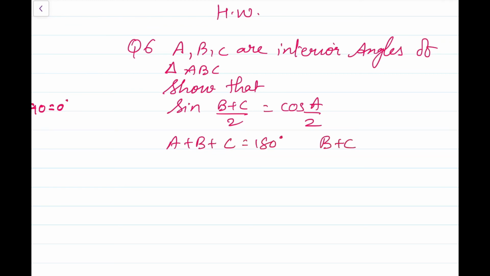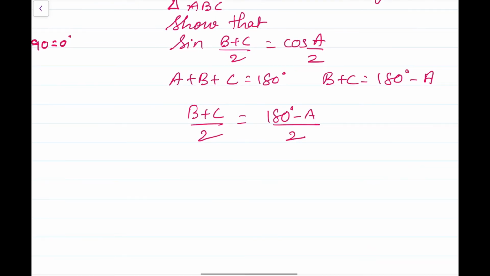So B plus C is equal to 180 degrees minus A. If I divide that equation by 2 on both the sides, I get (B plus C) by 2 is equal to 90 minus A upon 2.